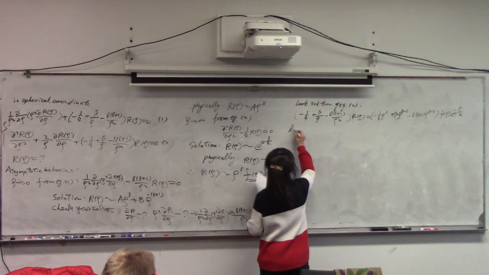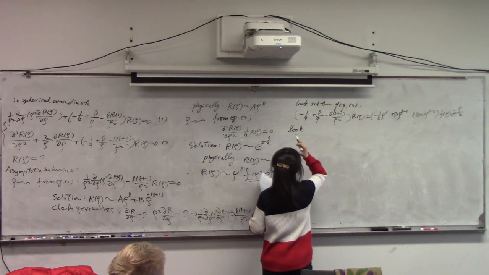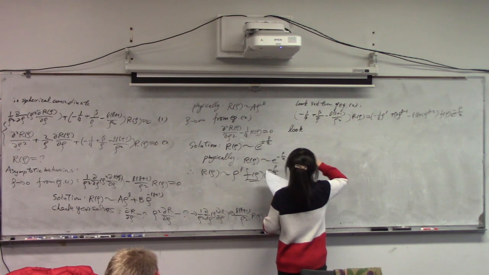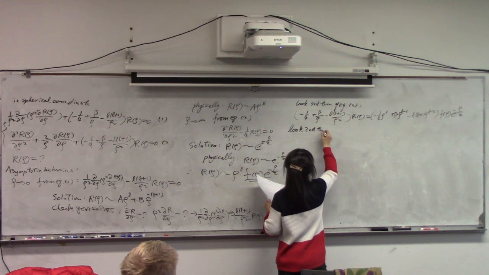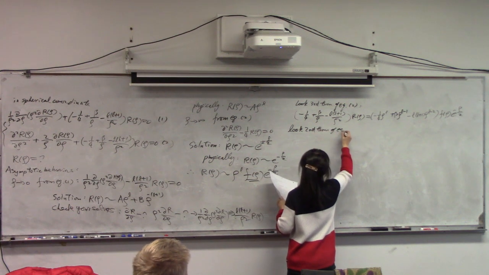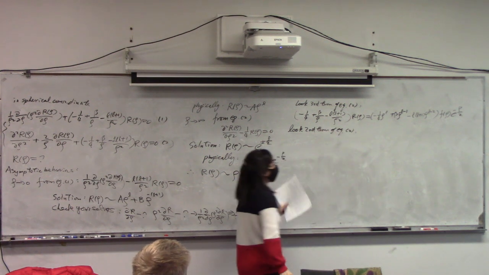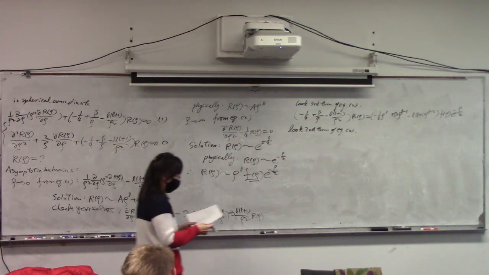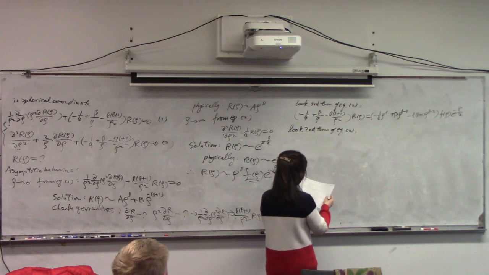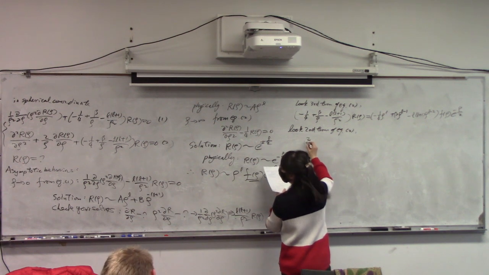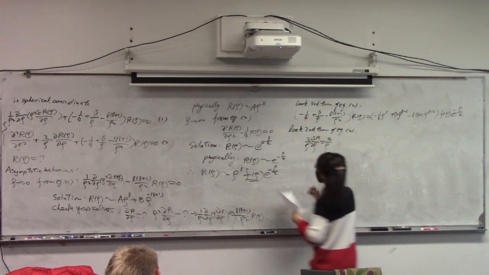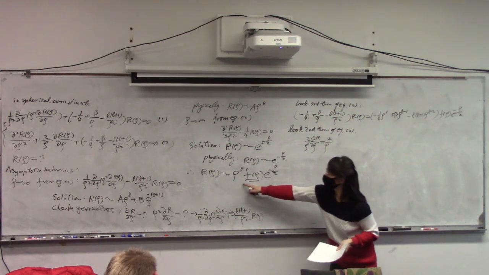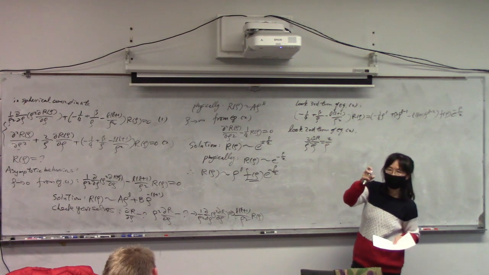Now let's look at the second term of equation 2. Then we are going to substitute together, right? Put them together. The second term is 2 over rho partial R partial rho, right? So let's keep this one and we are going to do the derivative. We have 3 terms, so we need to have 3 terms, right?